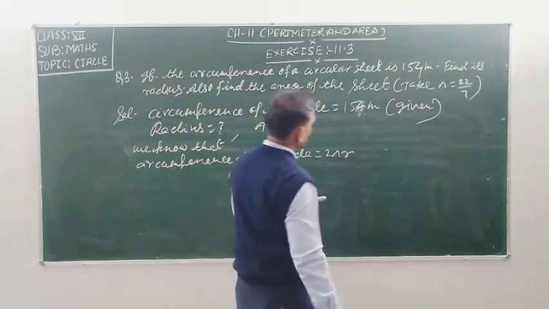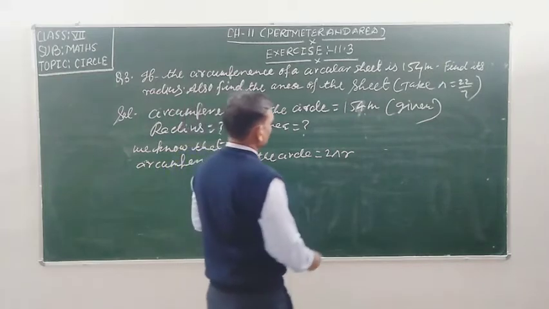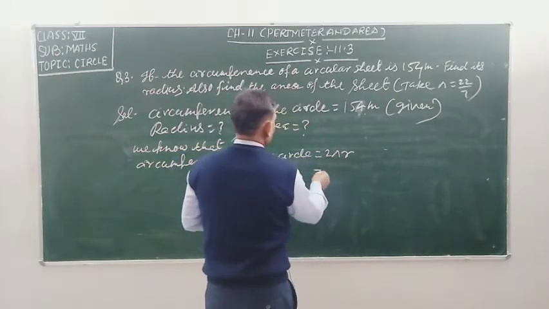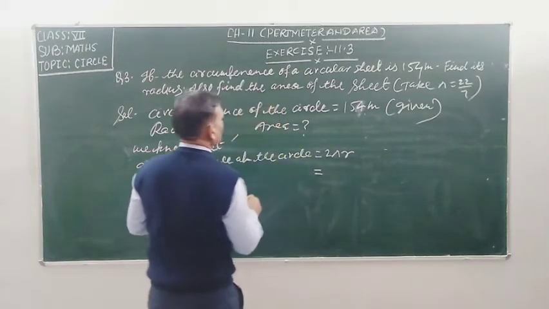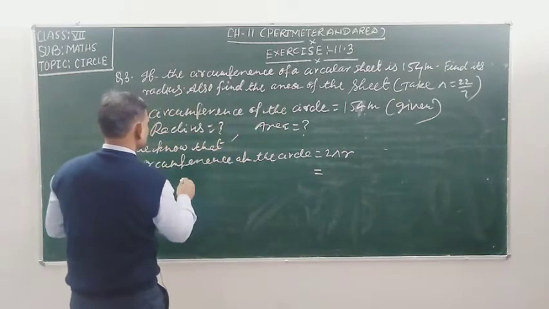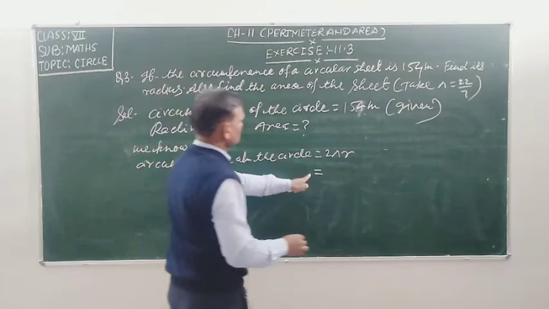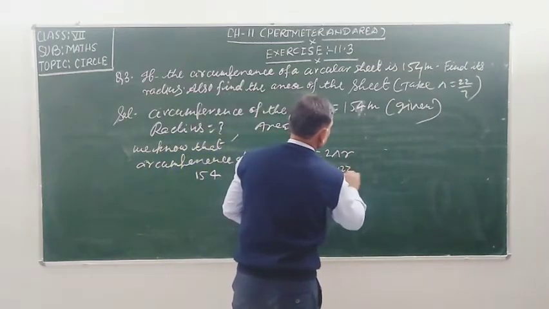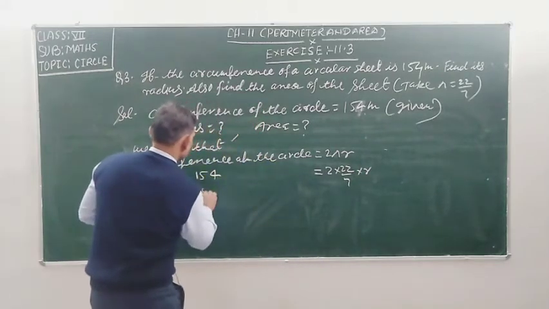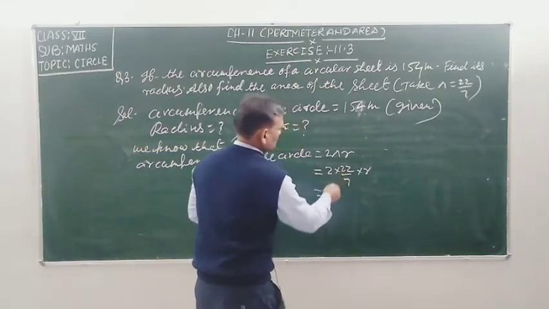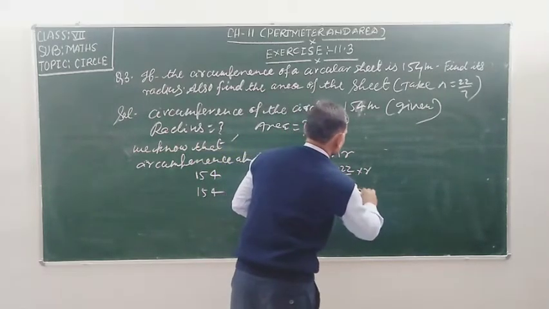You know 2 pi r, student? Circumference is given, 154. So in place of circumference we can write 154 is equal to 2 into 22 upon 7 into r. So we get, student, 154 is equal to 22 into 2, 44 upon 7 into r.